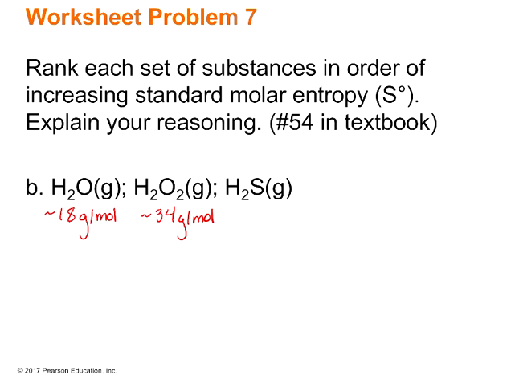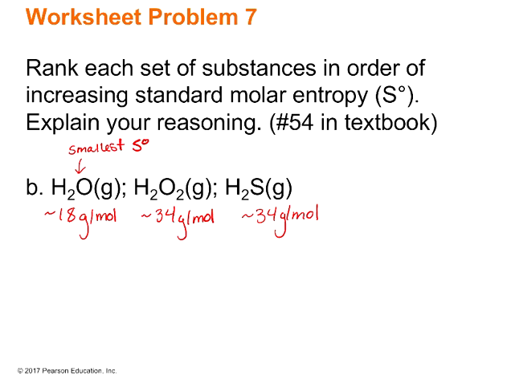And then for H2S, sulfur has a molar mass of 32, and if we add 2 hydrogens, we get approximately 34 grams per mole. Okay, so in terms of molar mass, we can see that water will have the smallest molar entropy. But we have a tie between hydrogen peroxide and H2S.